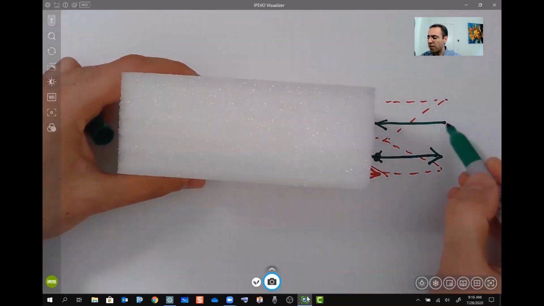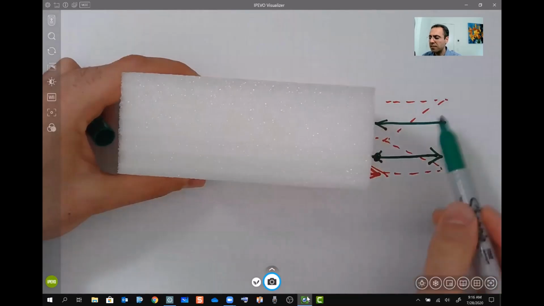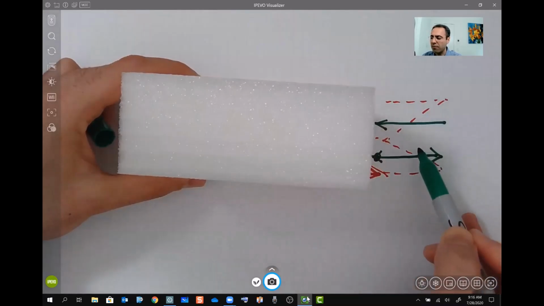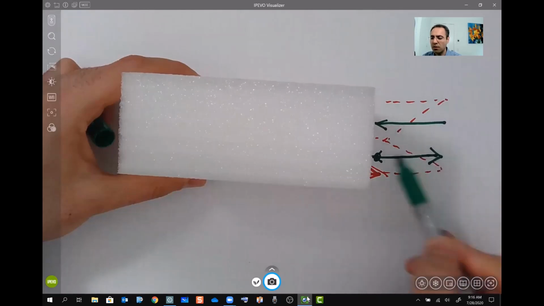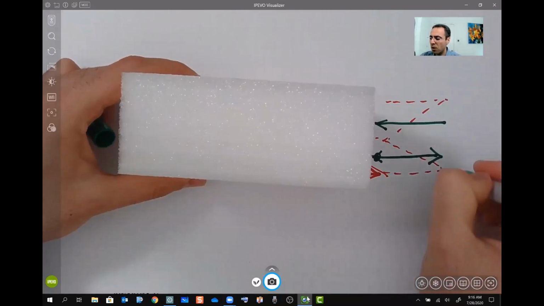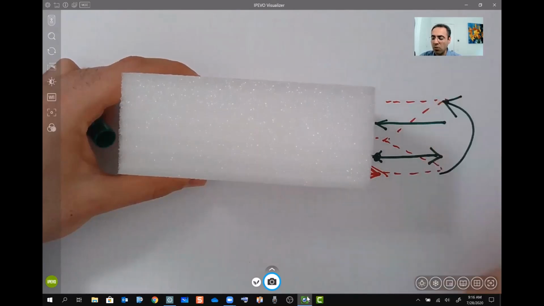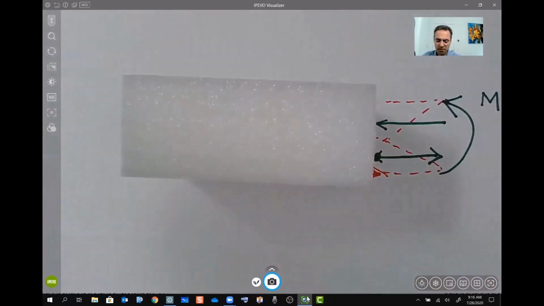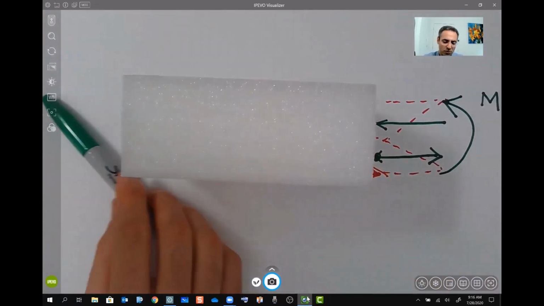So we have a compression here and we have a tension here. Because of symmetry, these two are equal. We have two parallel loads, equal in magnitude and in opposite directions. We learned before that these two loads can create something which we call a couple, or in other words, a moment. All right.